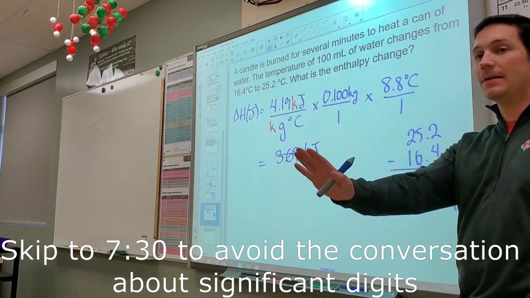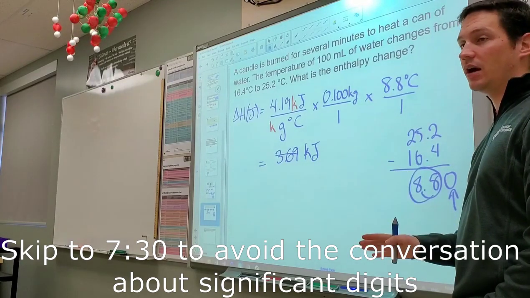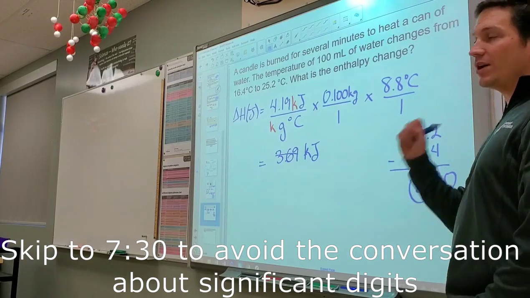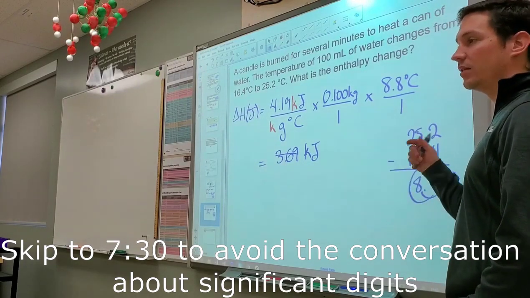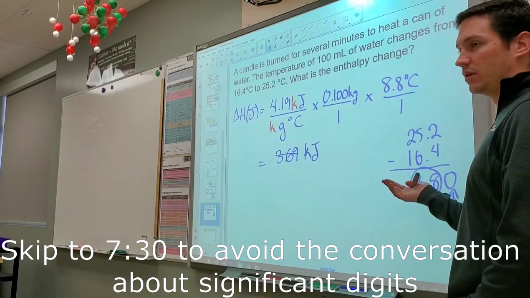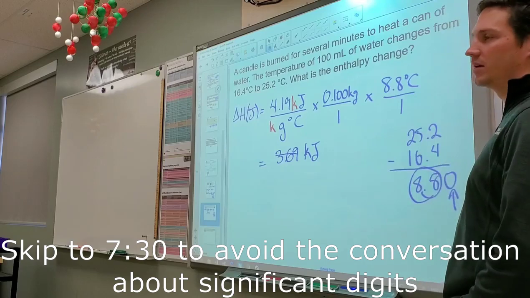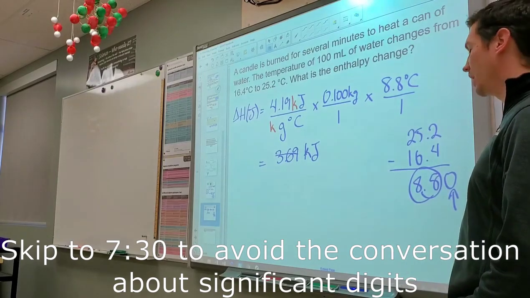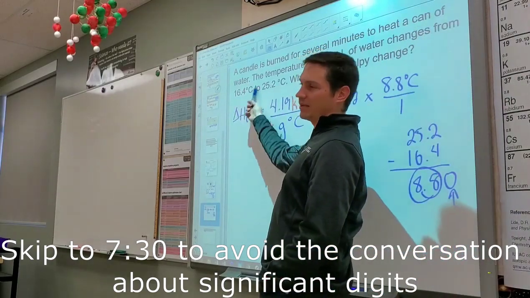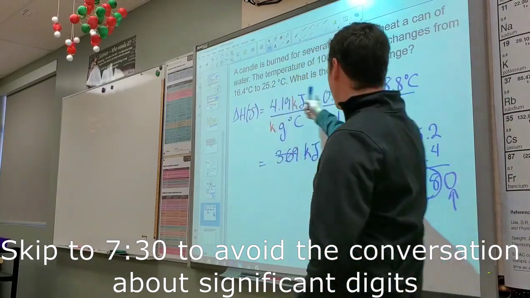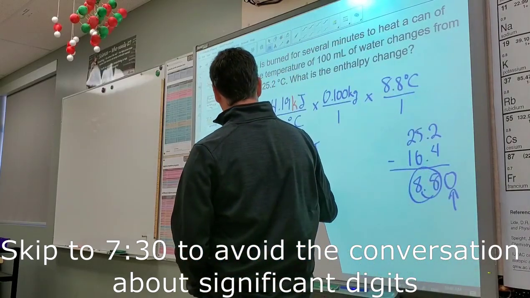Now here's the deal. On a proper assessment like the diploma exam or a unit exam, the question will always say, write your 3-digit answer in the box. So it will always tell you 3 digits or 2 digits or 4 digits or whatever. Here, I understand we're using a rule that you probably haven't thought of in a really long time, but this is properly 2 significant digits. 3.7 kilojoules.